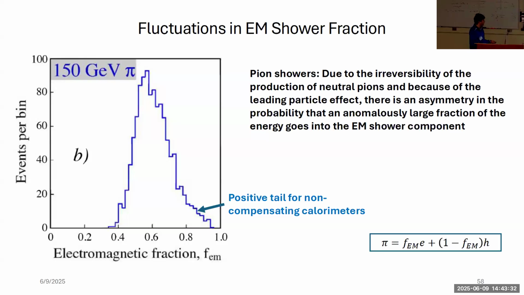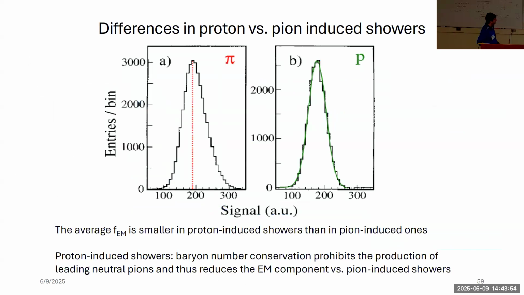What this shows is that if you have non-compensation, since there's this huge fluctuation event by event at a fixed energy, and the responses E and H are different, the pion response is going to fluctuate significantly. Compensation would actually remove this effect because the fluctuations in this would not matter anymore.